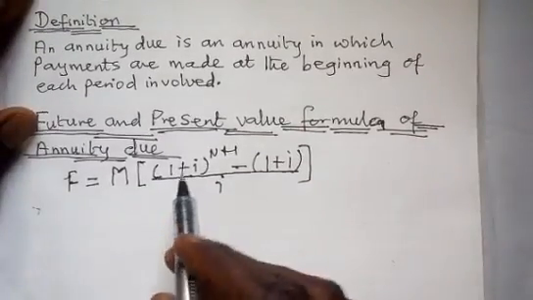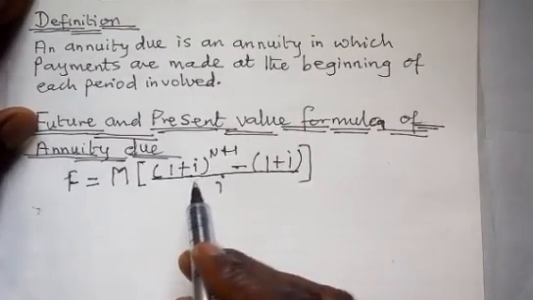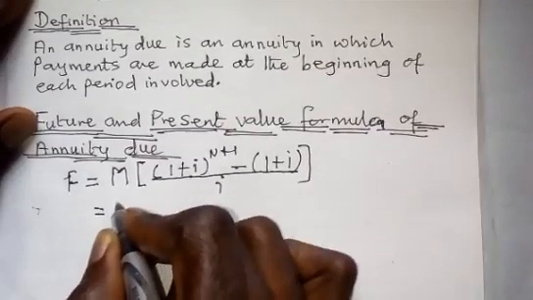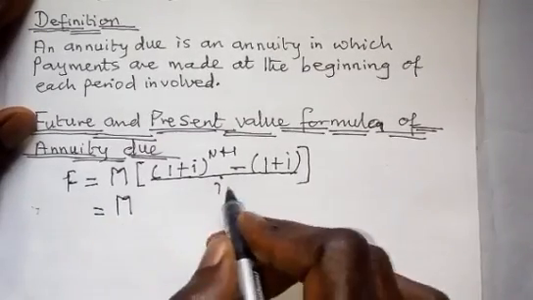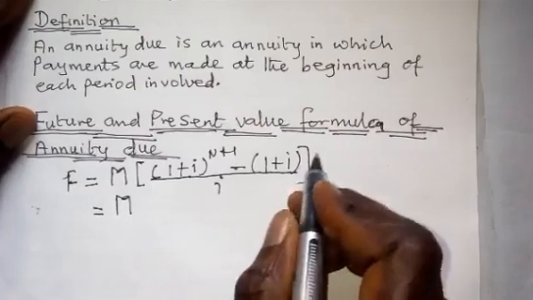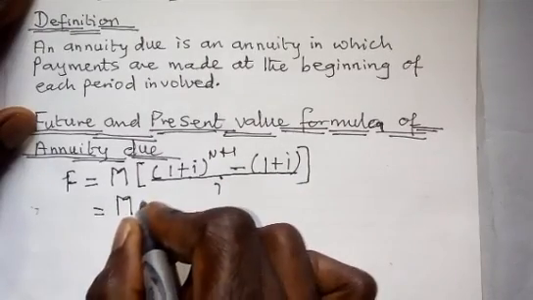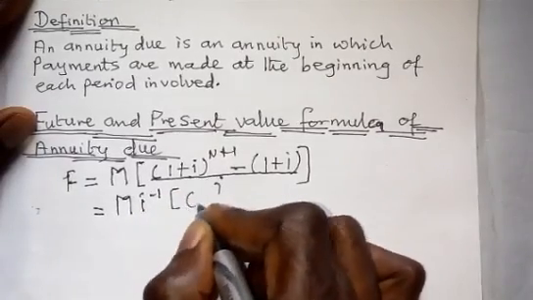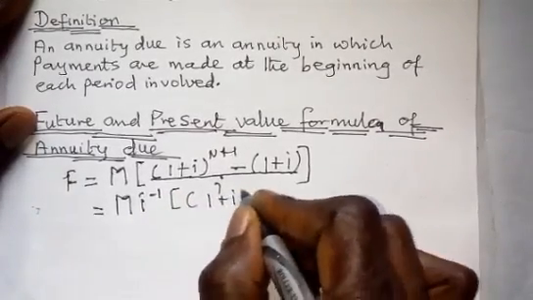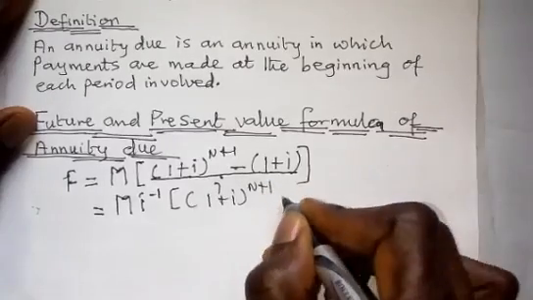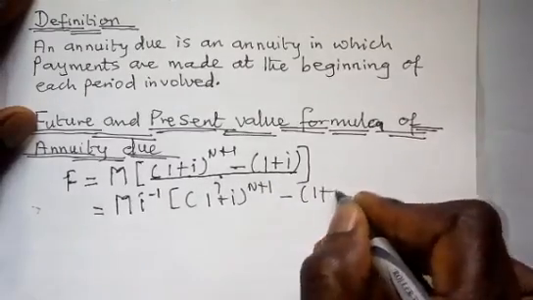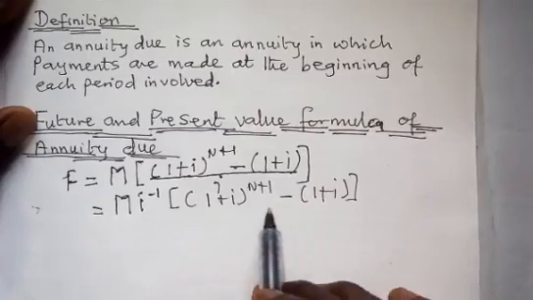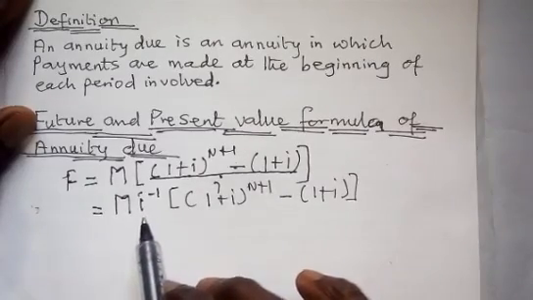As in the previous lesson, instead of writing i at the denominator, I'm going to write it up and take the inverse of it. So we say i to the power minus 1, then 1 plus i to the power n plus 1, minus 1 plus i, and close the bracket. This is what I shall be using in the examples in this lesson.